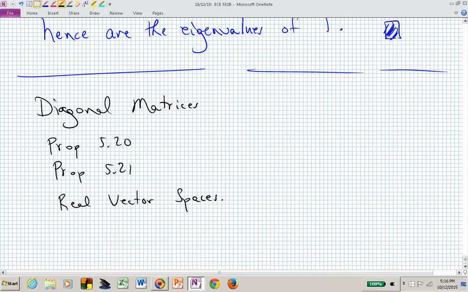We may not even be able to find eigenvalues for 2 by 2 submatrices within these linear maps. So the next time I want to start in Chapter 6, which deals with inner products, which allows us to talk about lengths and angles in these vector spaces.